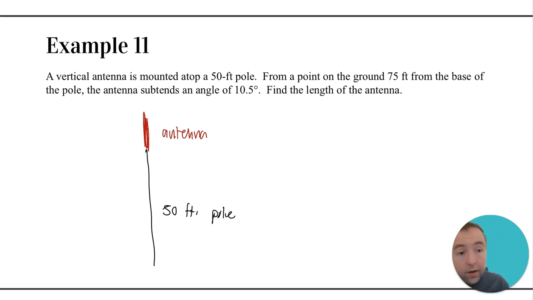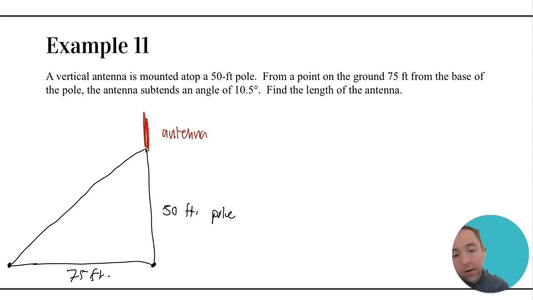So it says from a point on the ground that's 75 feet from the base of the pole. So if we go over this far, 75 feet, the antenna is subtending an angle of 10.5 degrees. So what that means is from this point on the ground, we look up towards the top of the pole at some angle of elevation, right? And then we look up towards the top of the antenna at some higher angle of elevation, okay?